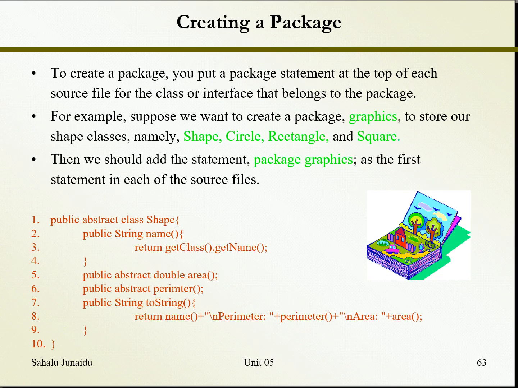So the package statement, we said, always appears on the very top. And if you have it on the very top, like in this shape, we can have a package graphics. That means whenever we write a program and we specify the package, if you check very well, you discover that the name of that package is the name of a directory or folder that, when you compile, automatically appears in your program.